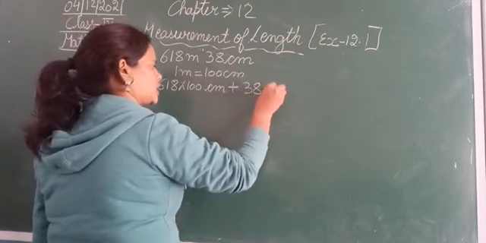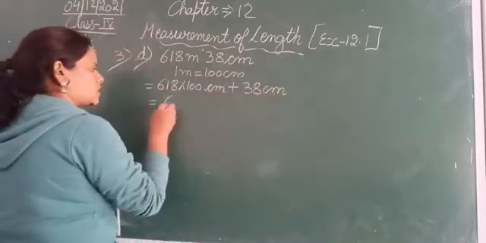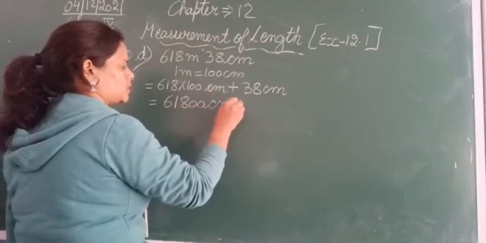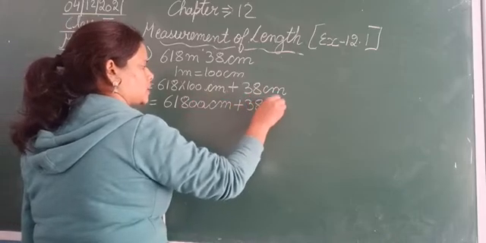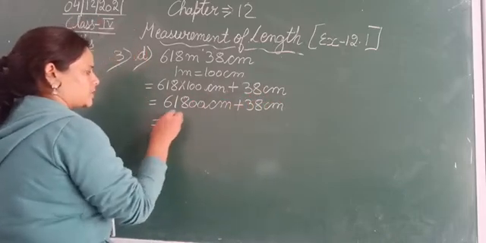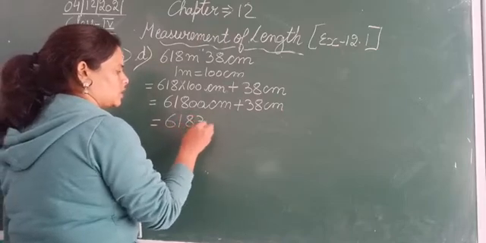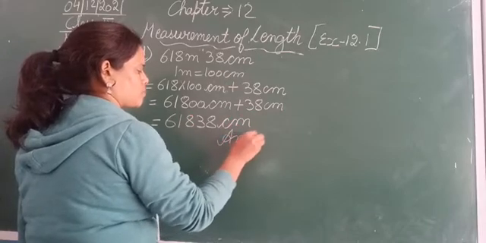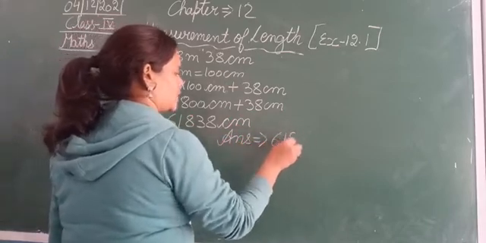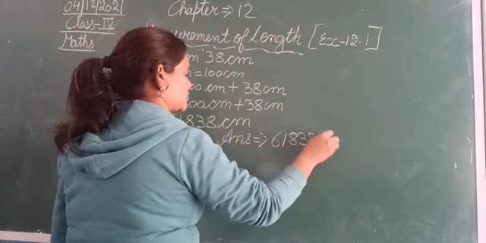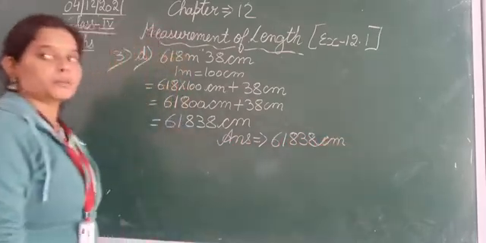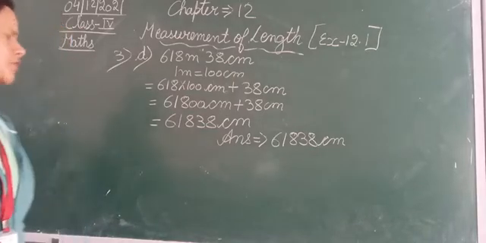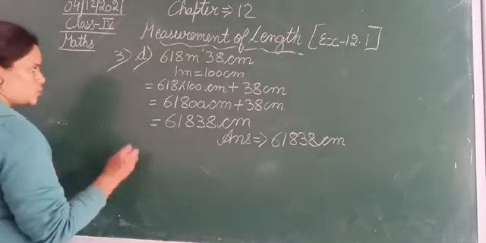Now add it: 61800 centimeter plus 38 centimeter will be 61,838 centimeter. So this is the solution for the D part.